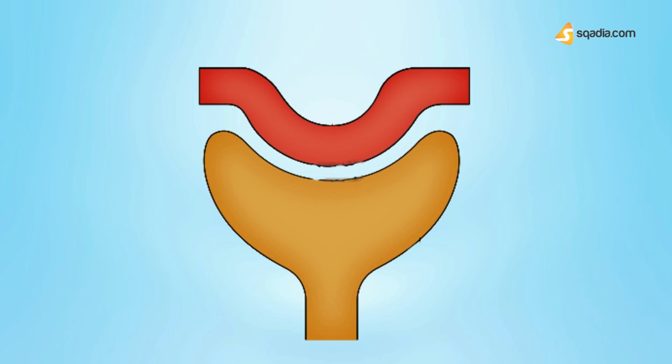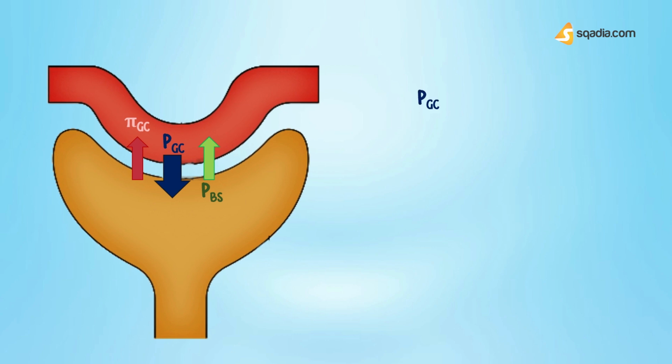Forces involved in glomerular filtration are glomerular capillary blood pressure, which is favoring filtration, and pressure in Bowman's space and osmotic force due to protein in plasma, which are opposing filtration. Glomerular capillary blood pressure is 60 millimeters of mercury.